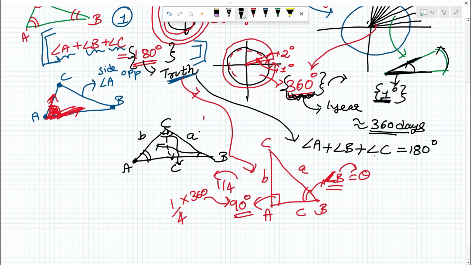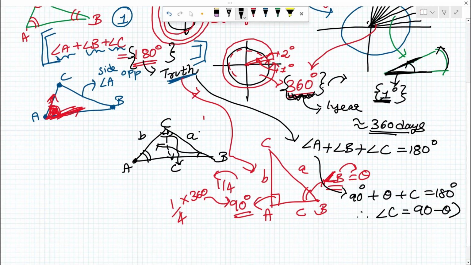Angle A is 90 degrees, and angle B, I'm calling theta, plus C must be 180 degrees. This means that angle C must be 90 minus theta degrees. So this angle right here is 90 minus theta.